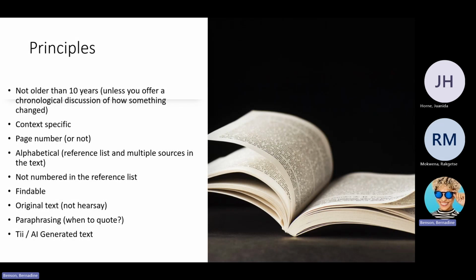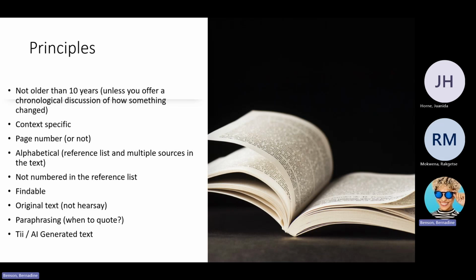So then I must first have Albuquerque, then I must have Horn, and then I must have Pillay, and arrange the three different sources alphabetically.